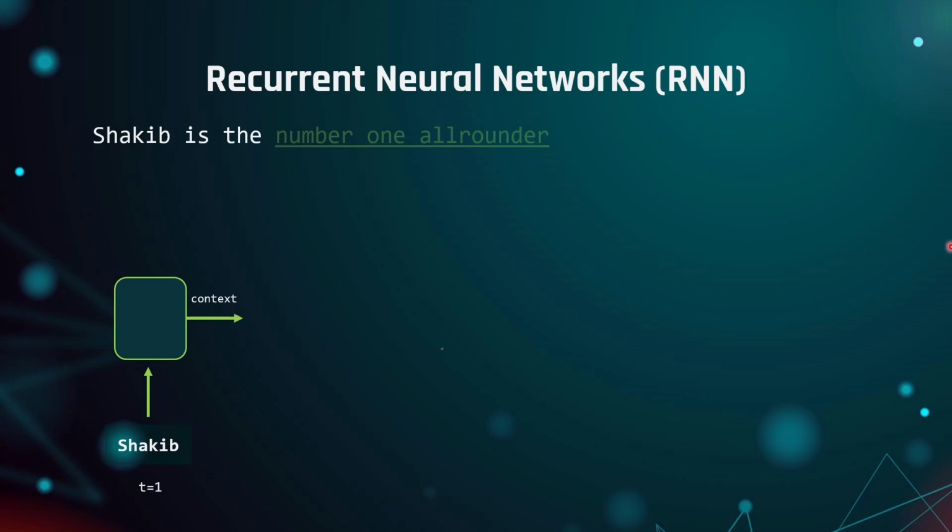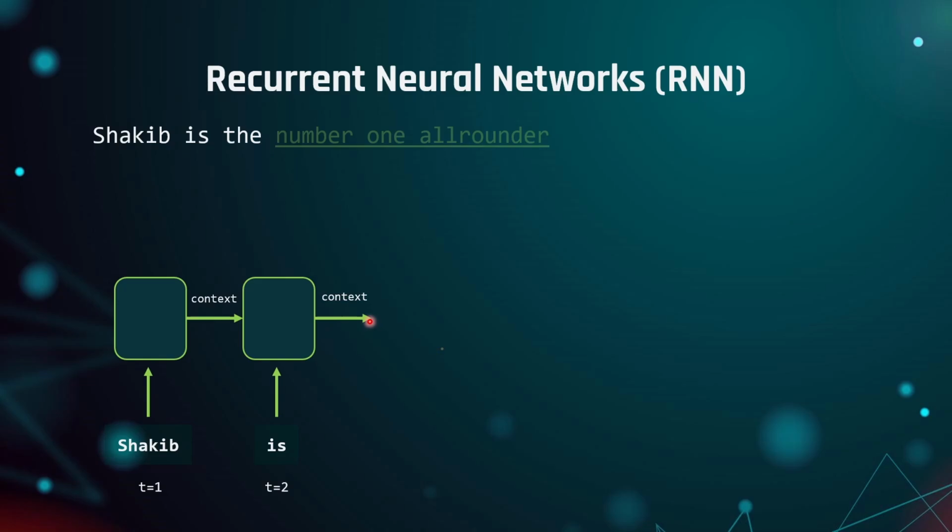Now it would feed that context again to itself in time step 2. ঠিক আছে? So যে context এটা generate করেছে, at first step it would feed it to itself in the second step, এবং দ্বিতীয় স্টেপে it would take the second word as input. ঠিক আছে? So it already processed the word Shakib, it generated a context, and now it would process the word is with the previous context, and it will generate an updated context.